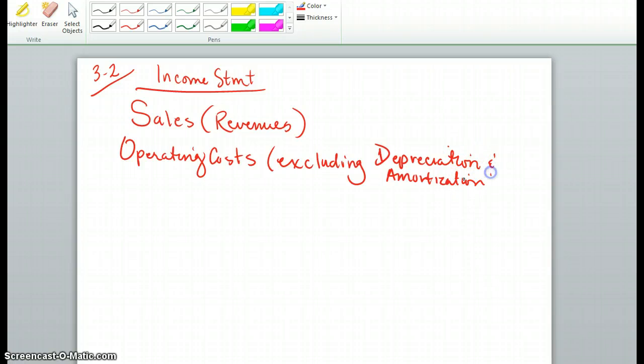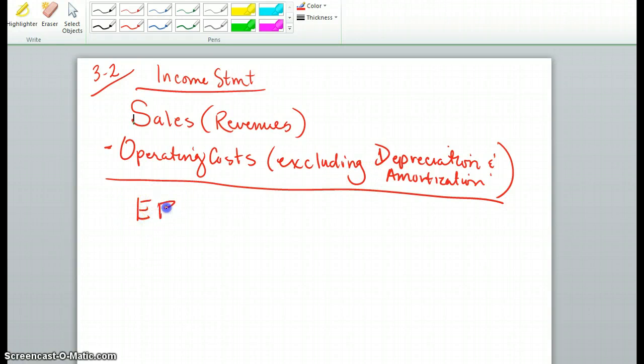And so it's the same thing. It's a non-cash expense. So we'll have sales minus operating costs, and that will give us what we call this EBITDA.